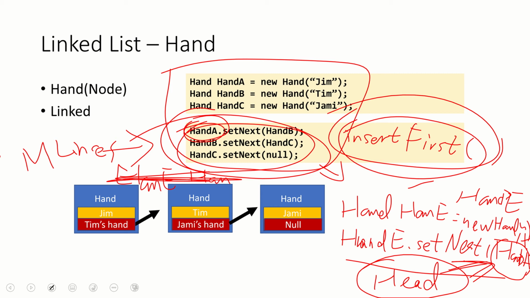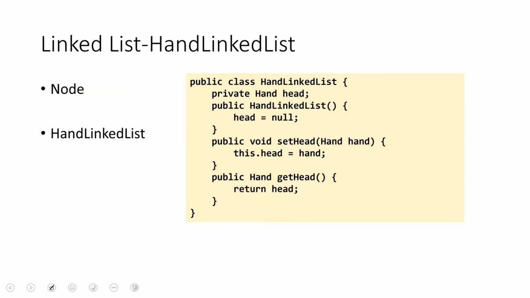Obviously you cannot, because there are a million lines over there. It's not easy to just use your eyes and your brain to manually check who is the first hand and who is the last hand, right? So this is the reason we need to write a linked list class.